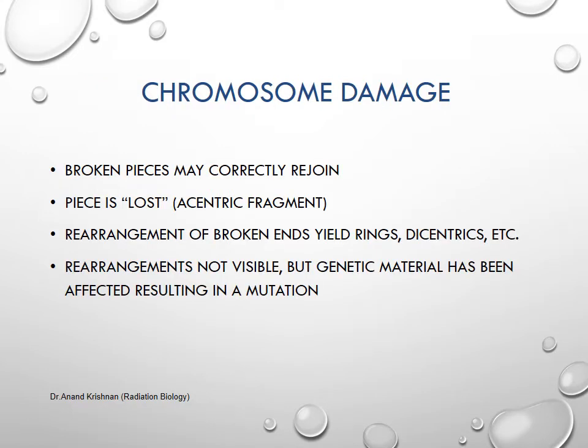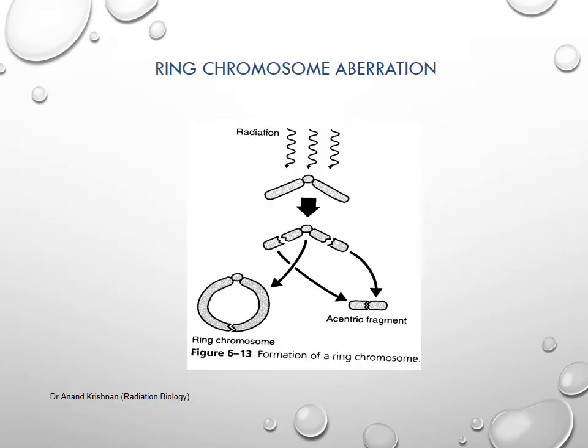So the broken pieces might either recover and correctly rejoin, or a piece might get lost, or there is rearrangement of the broken ends forming an abnormal formation, like rings or dicentrics, etc. Rearrangements generally are not visible, but the genetic material is usually damaged as a result of mutation.